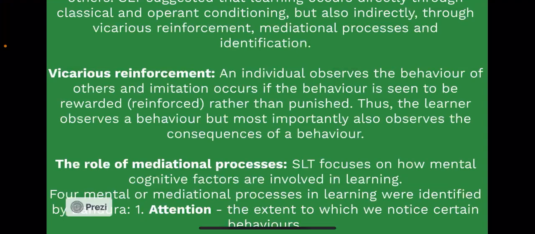An individual observes the behaviour of others and imitation occurs if the behaviour is seen to be rewarded rather than punished. Thus, the learner observes a behaviour, but most importantly, also observes the consequence of a behaviour. So vicarious reinforcement, we're looking to others and we're looking at the consequences of their behaviour before we decide whether we want to imitate that behaviour.